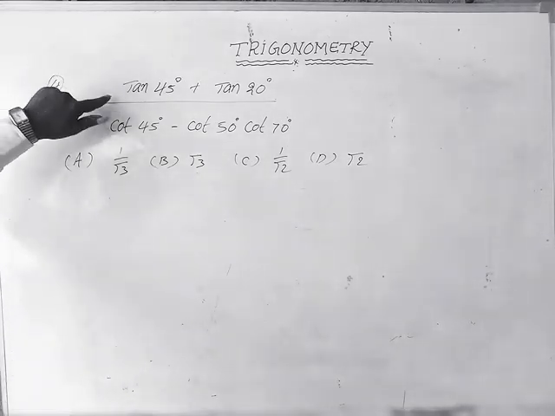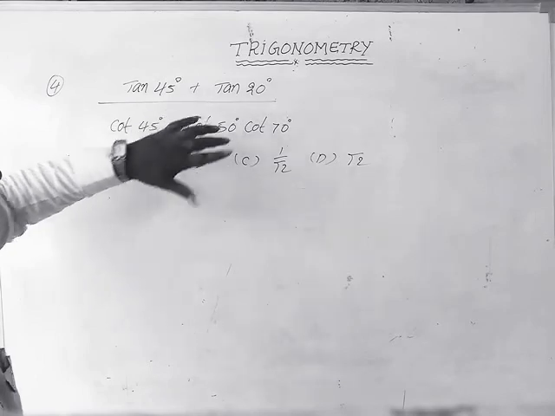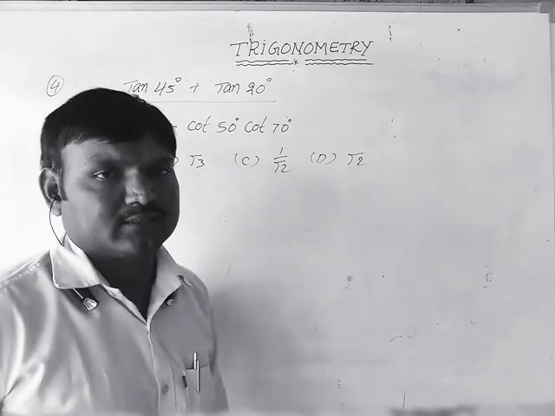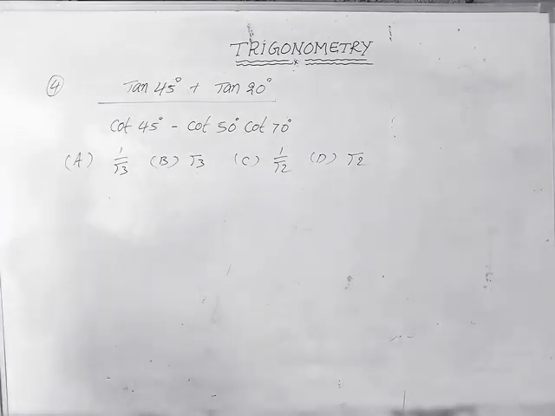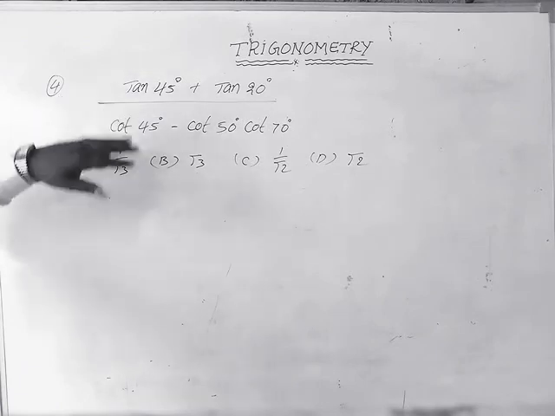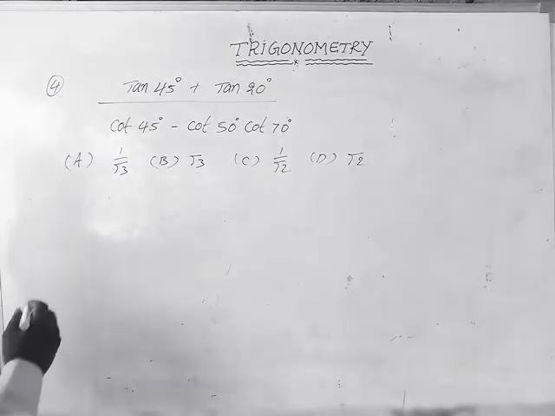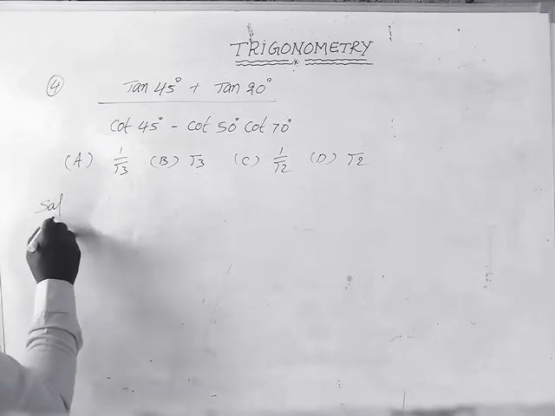So here the given problem is tan 45 degrees plus tan 20 degrees by cot 45 degrees minus cot 50 degrees, cot 70 degrees. Right. So we can apply logical thinking to solve this problem.